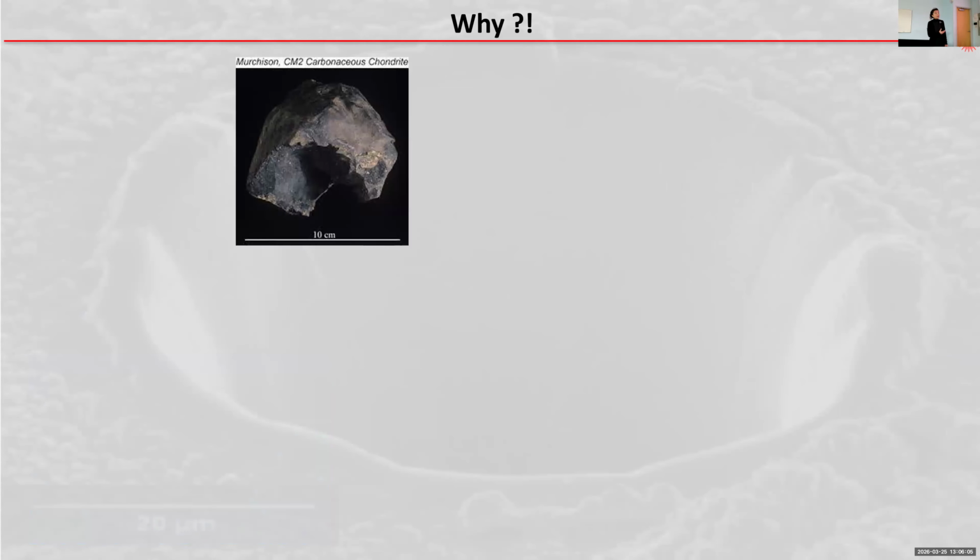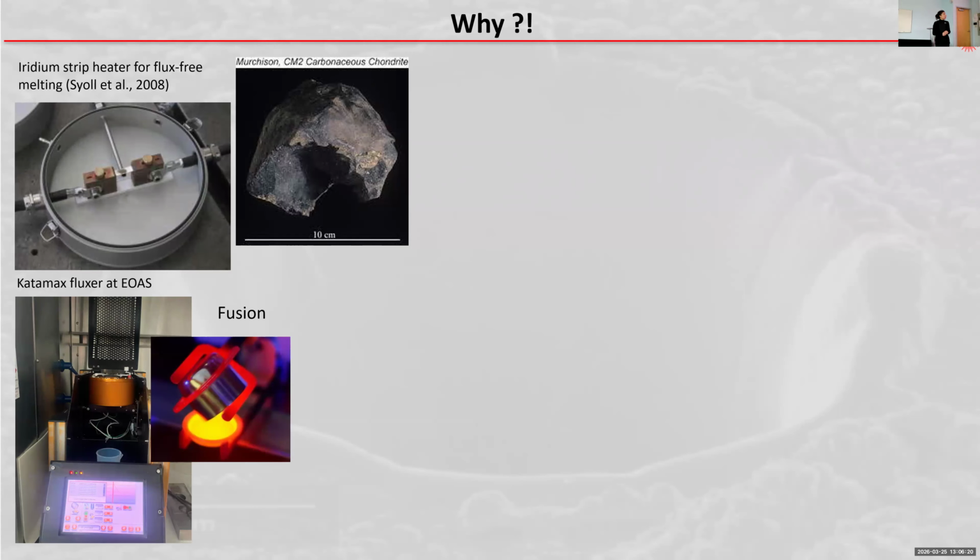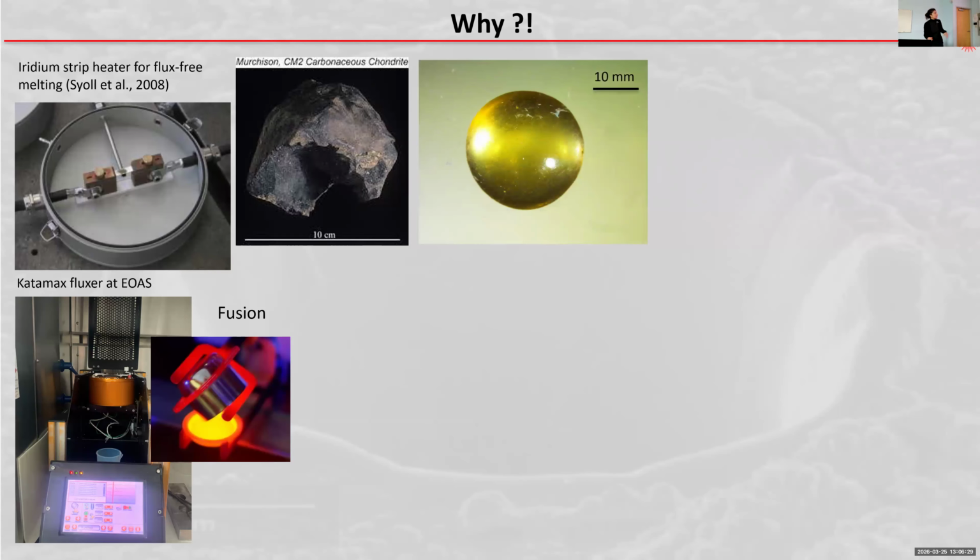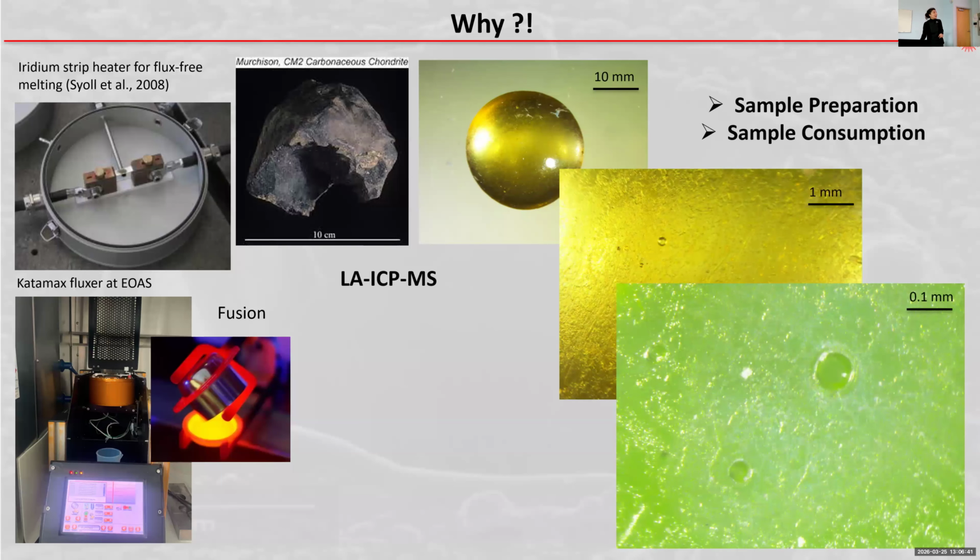If you, for instance, have a precious rock like this meteorite, let alone an asteroid, and you want to directly analyze it without going to the whole effort of dissolving it, or you just don't want to deal with a lot of nasty acids or don't have the lab infrastructure for it and want to use simpler methods like fusion, then you could, just like us, take this meteorite and fuse it to something like a glass pearl or a glass bead, and you still get the bulk analysis of it by applying laser ablation ICP-MS, with these tiny little craters consuming the sample.